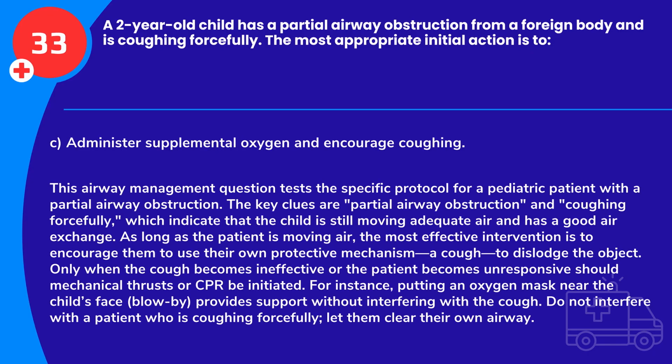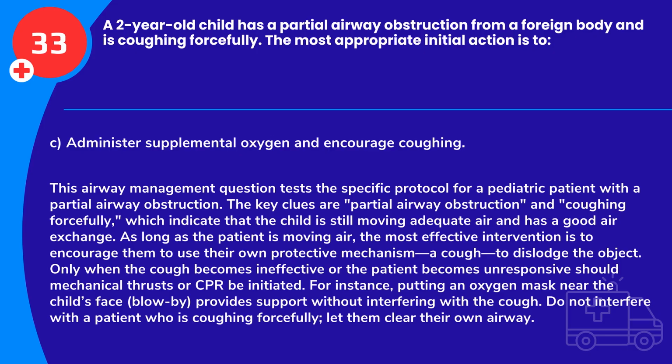Answer: C. Administer supplemental oxygen and encourage coughing. This airway management question tests the specific protocol for a pediatric patient with a partial airway obstruction. The key clues are partial airway obstruction and coughing forcefully, which indicate that the child is still moving adequate air and has a good air exchange.